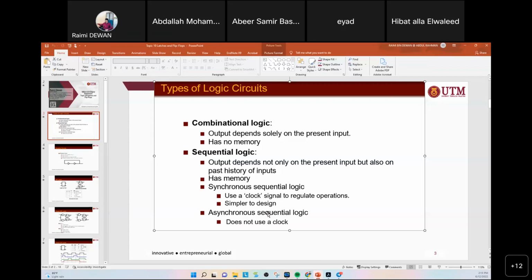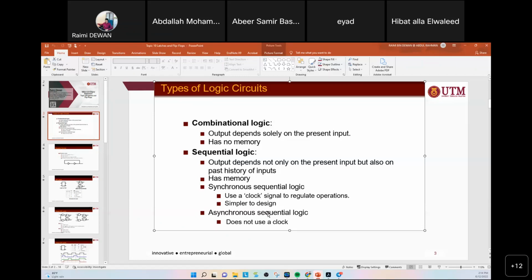So which one depends on the clock state? Clock state means it depends on 0 or 1, and it doesn't react to clock edges. Is it latches or flip-flop? Okay, latches.